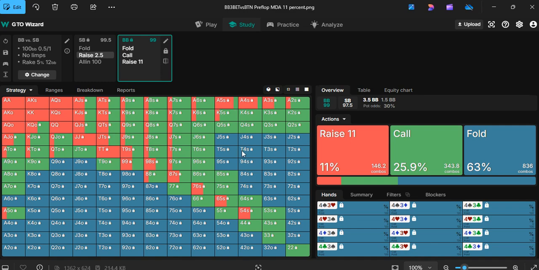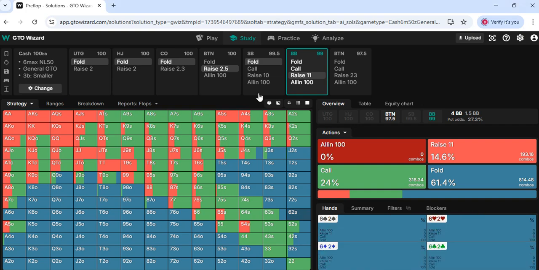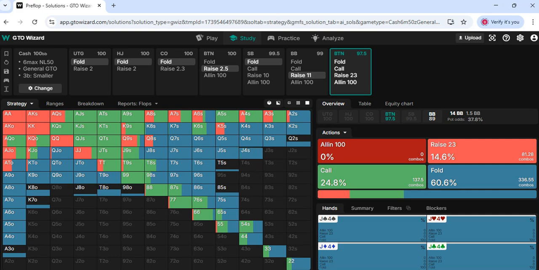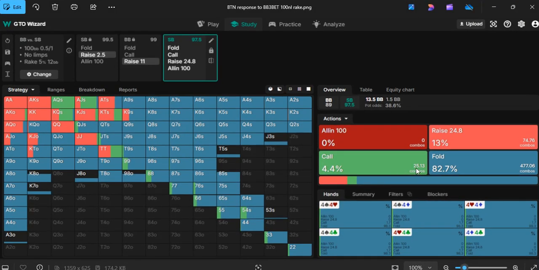So what we're going to see here is that in theory, you should be folding around 60%, but with the new node-locked preflop sim, we should be folding around 82%. We no longer call hands like Ace 5 suited, hands like Queen 10 suited, because these hands are going to be dominated. We do not want to be dominated in the 3-bet pot, because if we hit top pair, we're going to get stacked in a lot of runouts.